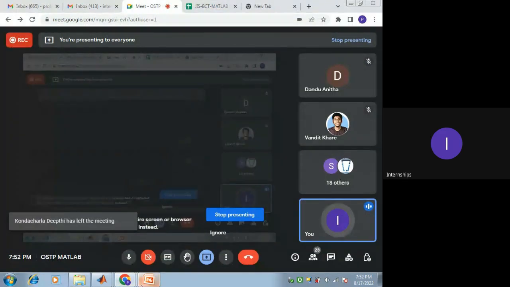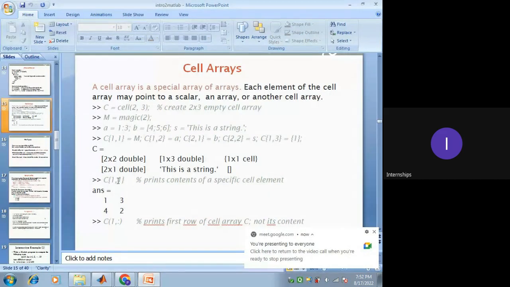Those who are sending me the result, please check this one also. See, within curly bracket 1 comma 1, that means the first one. That will be this matrix, magic 2. And then 1 comma this one.